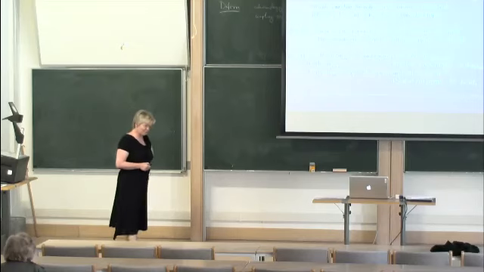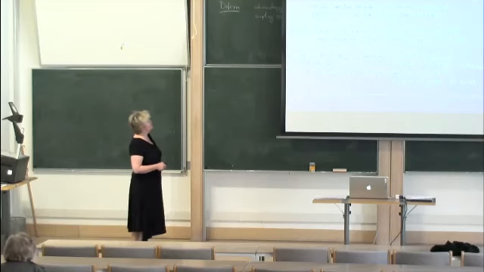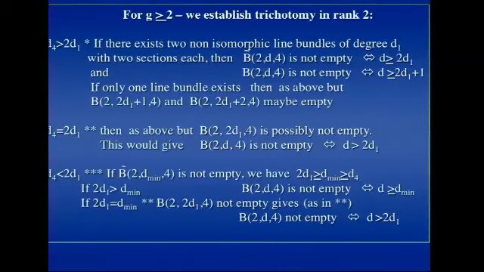Well, what happens? The situation very much depends on whether your curve has one bundle or more, not isomorphic bundles that have at least 2 sections. And there are a lot of curves that do.